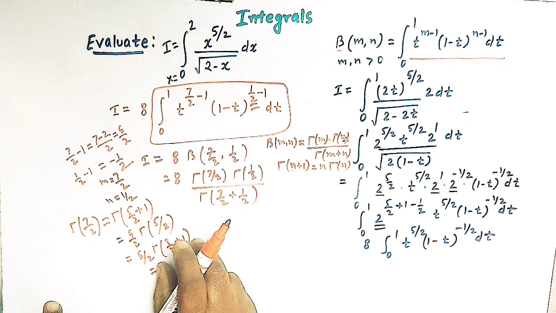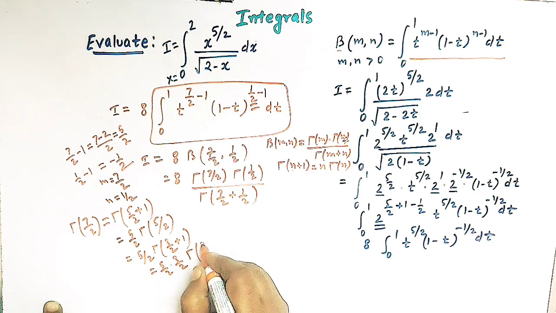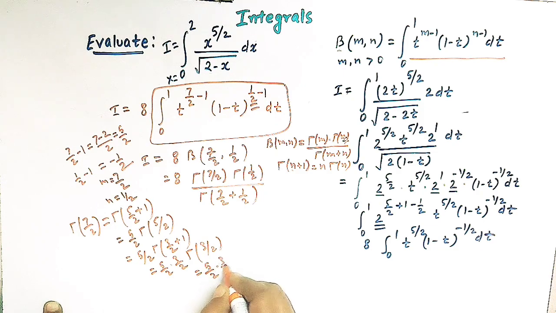So again applying this result, we have 5 over 2 times 3 by 2 and gamma of 3 by 2. Let us further write gamma 3 over 2 as gamma of half plus 1.